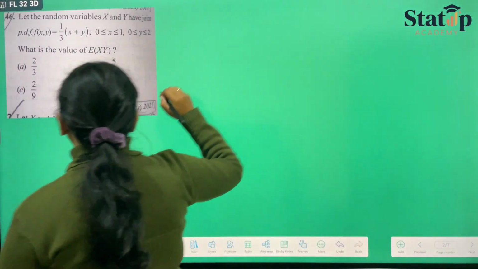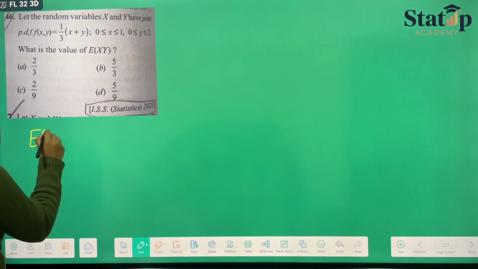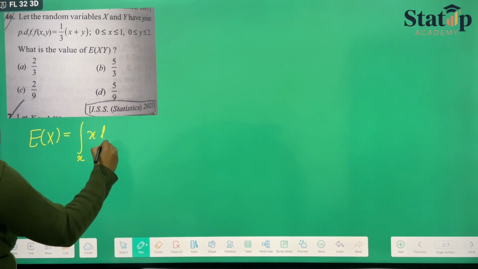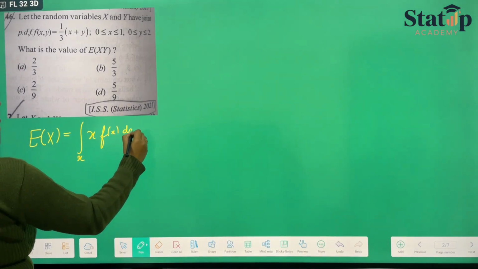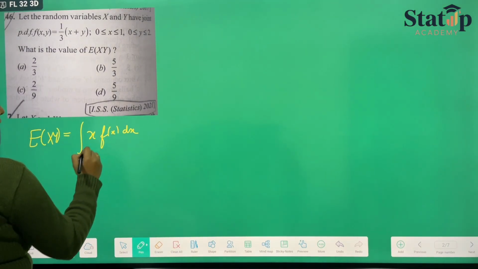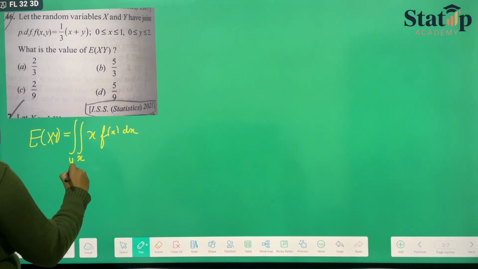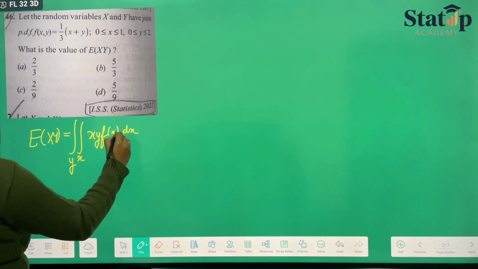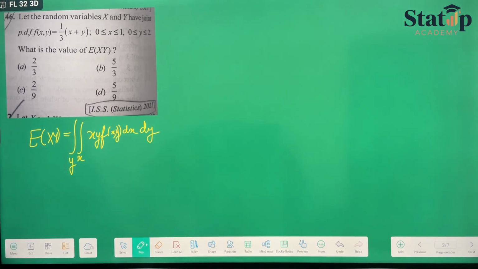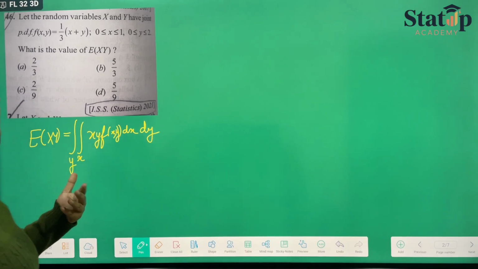Now we know that to calculate expectation of x, it should be integration over x f(x) dx. But to calculate the expectation of xy, it will be a double integration over x and y of xy times the joint probability distribution. This will be the formula. Simple, as you can see.